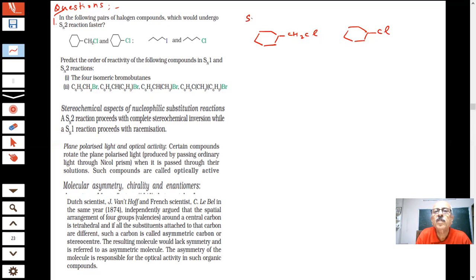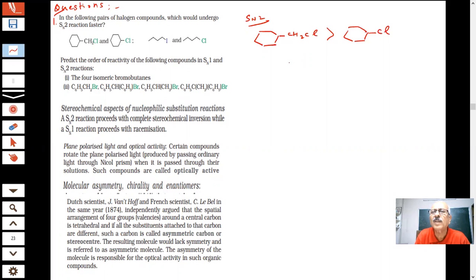This one or this one? Which one, left or right? No, sir, I meant the right one. The right one will be faster.